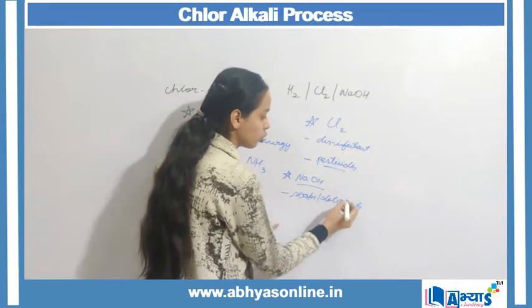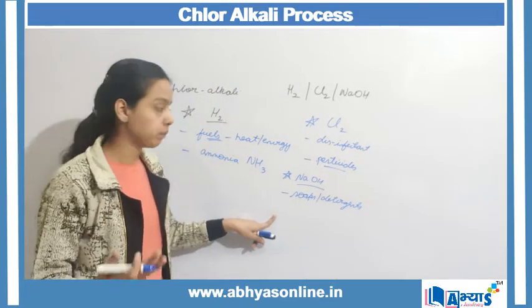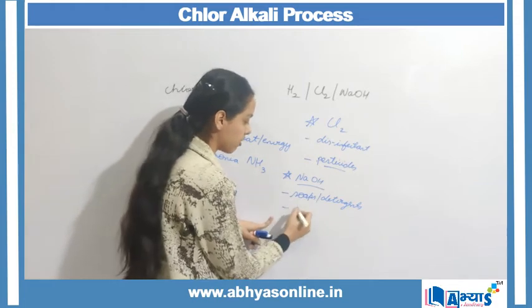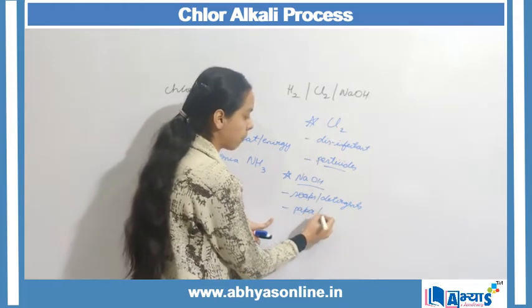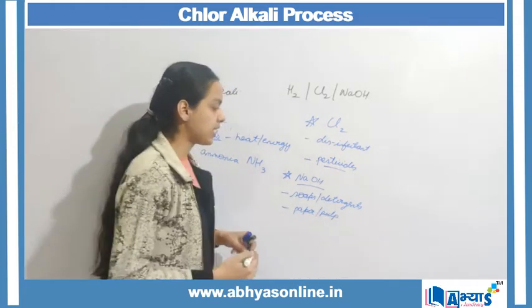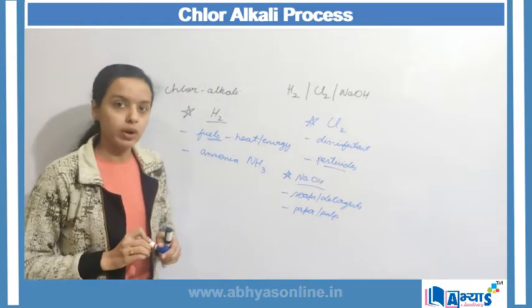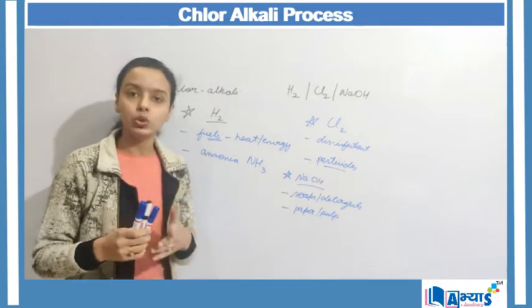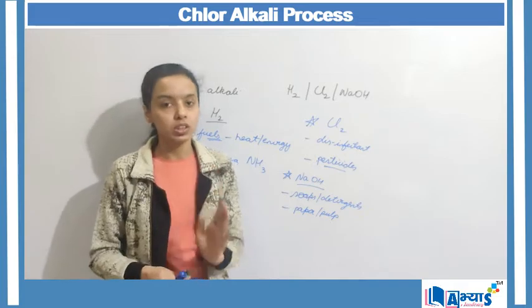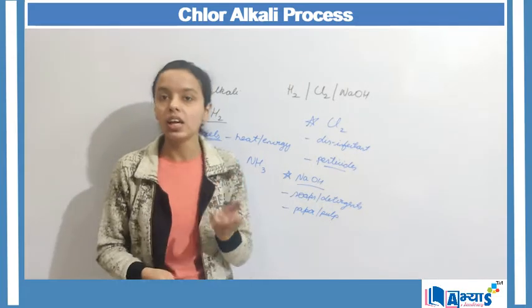Also it is used in the manufacture of paper or pulp. These are the two important uses of NaOH, and we have discussed the important uses of hydrogen, chlorine, and NaOH.